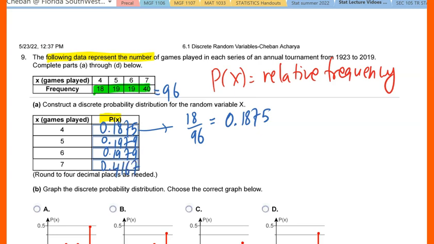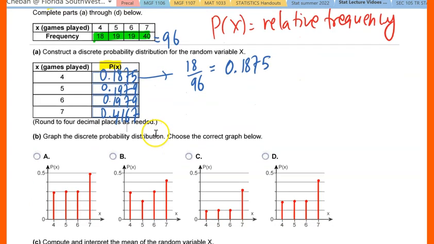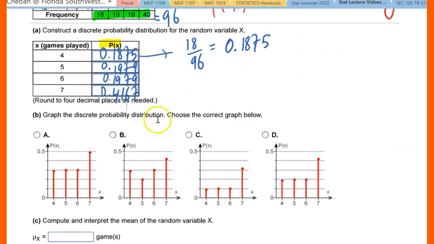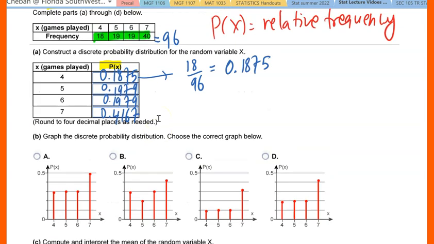The other one is going to be 0.4167. This is the discrete probability distribution, because if you add all these probabilities, the sum is going to be 1, and every probability is between 0 and 1 inclusive. If you look at the graph, the relative frequency is the same.